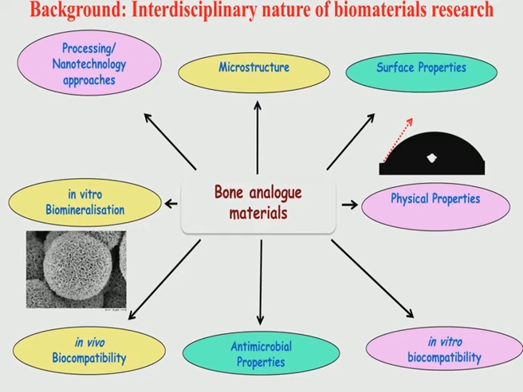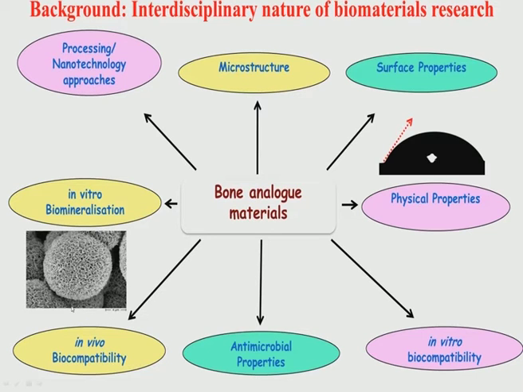Now, from the simple composition of titanium 6% aluminum 4% vanadium, one can well perceive that this does not have any hydroxyapatite as a second phase in the microstructure. However, when the same titanium material is immersed in simulated body fluid, it can induce calcium phosphate nodule formation as shown here.